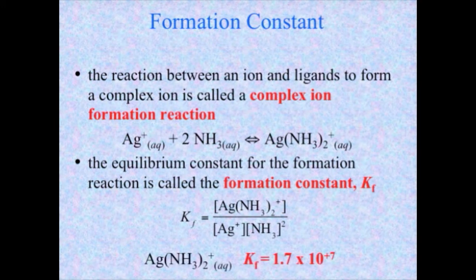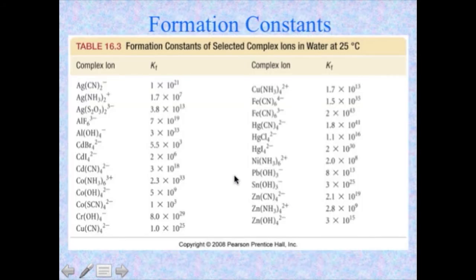As you can see, the formation constant here is 1.7 times 10 to the plus 7. That means this reaction is very favorable toward the product side and is almost a complete reaction toward the product side. In fact, if we look at formation constants of selected complex ions, we see extremely large Kf values.